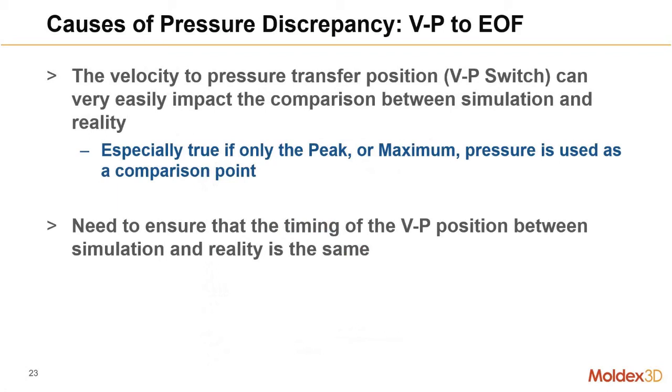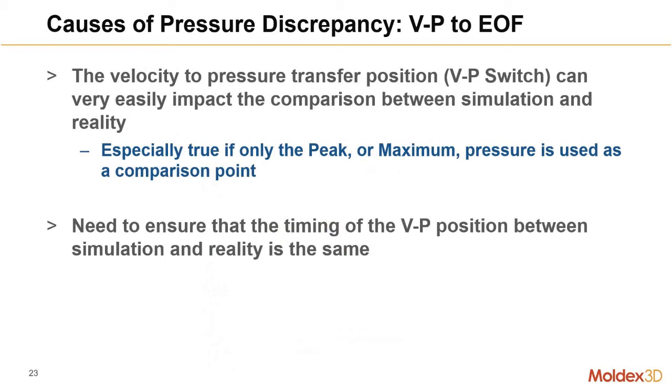And unfortunately, well, I shouldn't say unfortunately, because this is the way it's always been done, but most machines don't know how much percentage of the part has been filled, and therefore there's not really a way for it to determine where the transfer position should be based on the percentage.